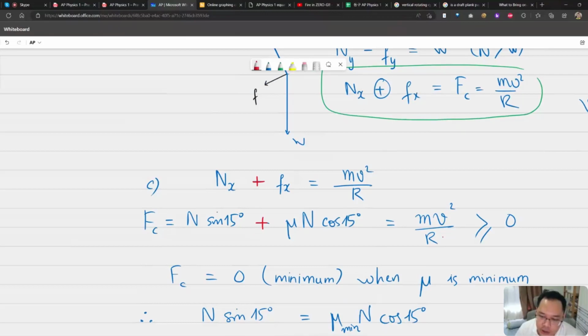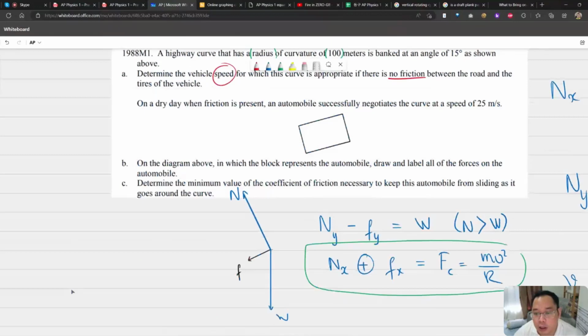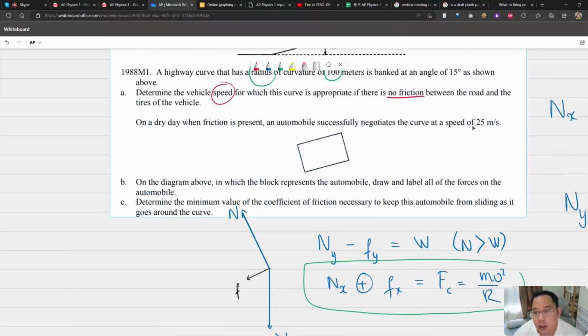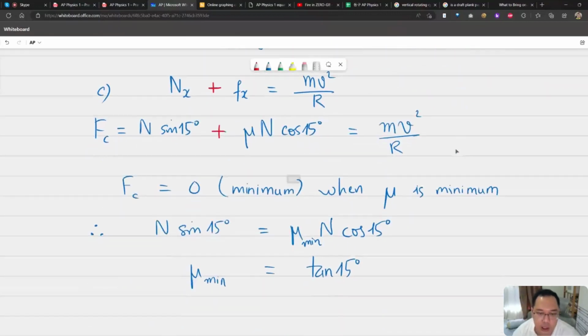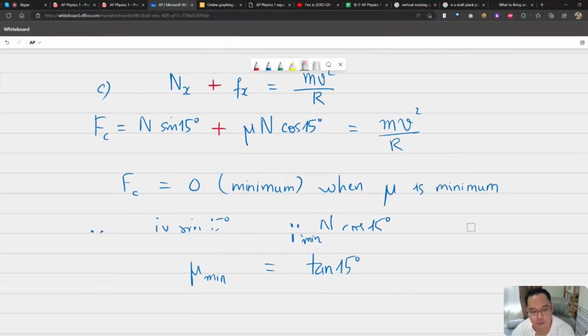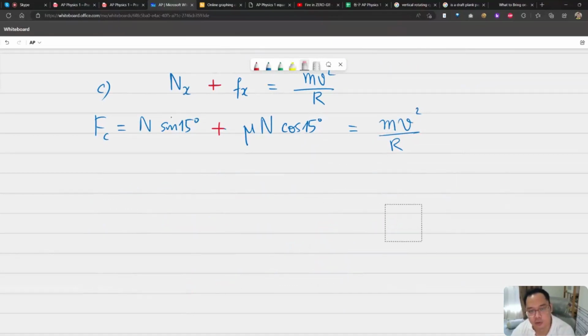It cannot be zero, it must be greater than zero because this is the sum of two forces. The speed, are we given the speed? Okay, here the speed is 25, and it must be equal to mv squared over r, and therefore the minimum coefficient.